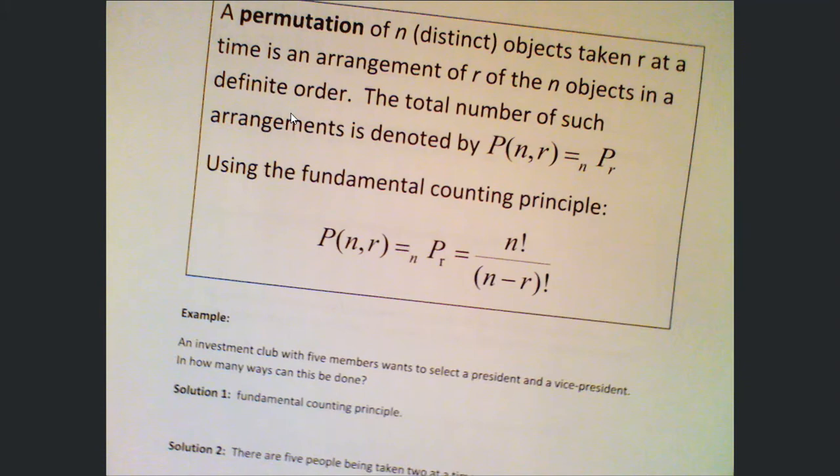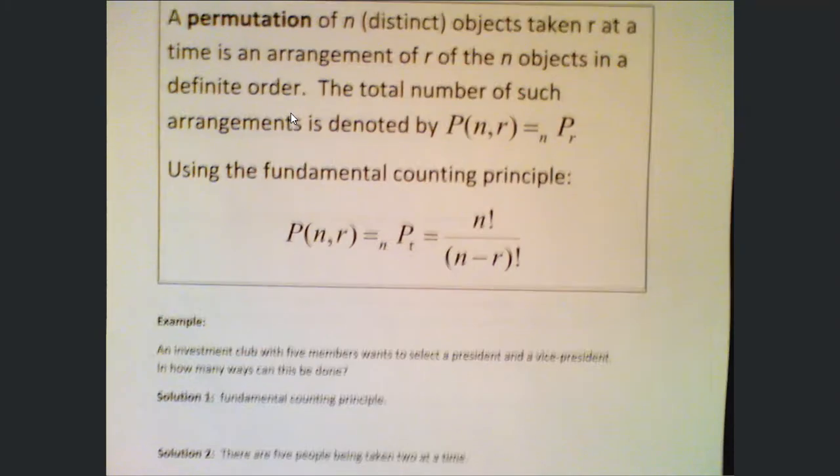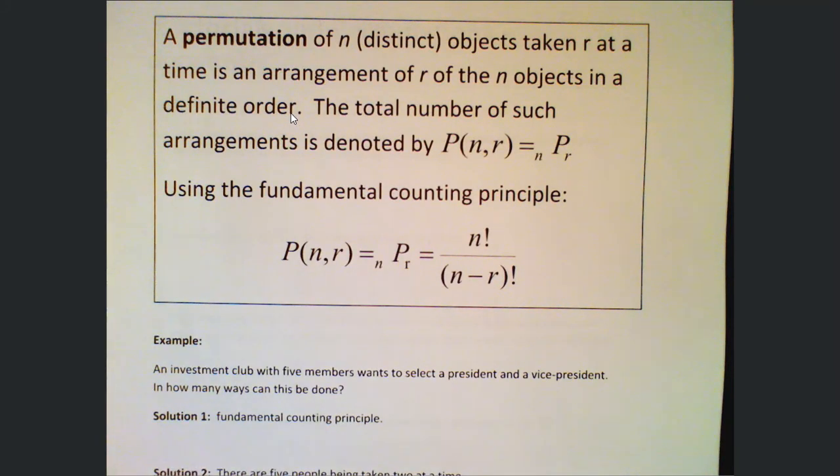Now, step forward a little bit. Permutation of n distinct objects taken r at a time. And now you're thinking, what do you mean n distinct objects taken r at a time? Let's say that we had 8 songs, but we didn't want to play all 8 of them.